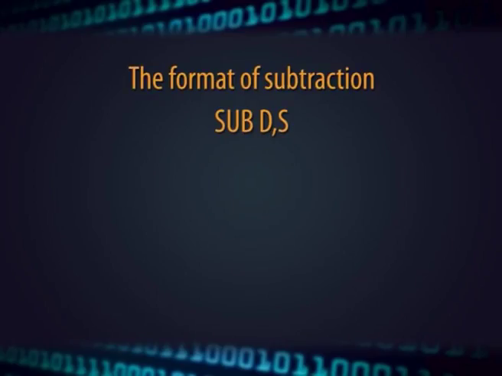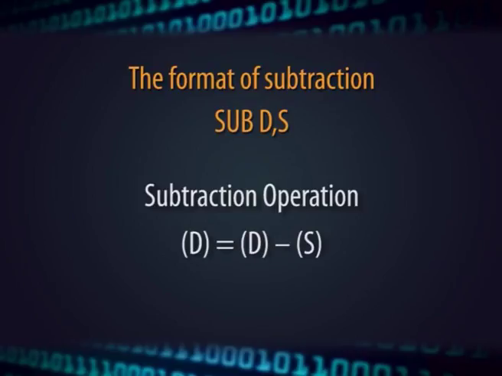The format of the subtraction is SUB D, S, where D and S are two registers which you can specify with the SUB instruction, and it performs the operation D equals D minus S. That means the contents of the second register are subtracted from the first register, and the result is finally stored in the first register, designated as D.